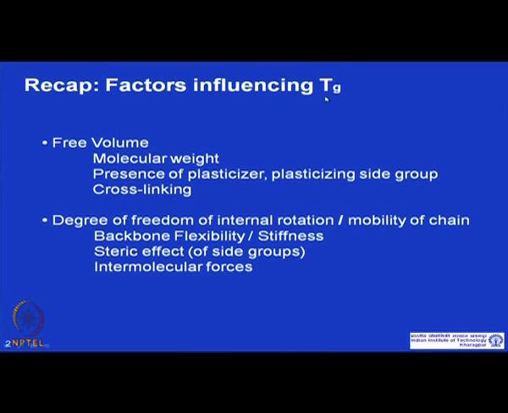Just to recap, the factors that influence glass transition temperature we can mainly divide into two. One is free volume.